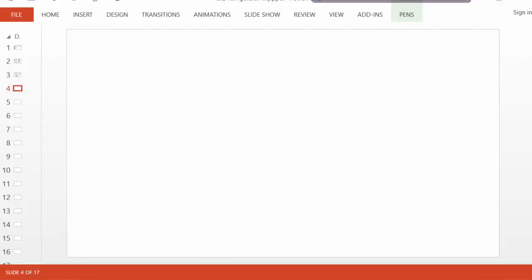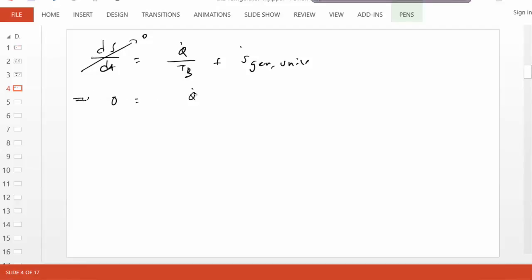Now let's do a second law analysis to make sure that such a system can work. Using the same diagram, the entropy equation, if you recall, for the system's universe will give us 0 equals Q dot C over Tc, entropy that goes in, minus Q dot H over Th, entropy that comes out, plus S dot gen universe.